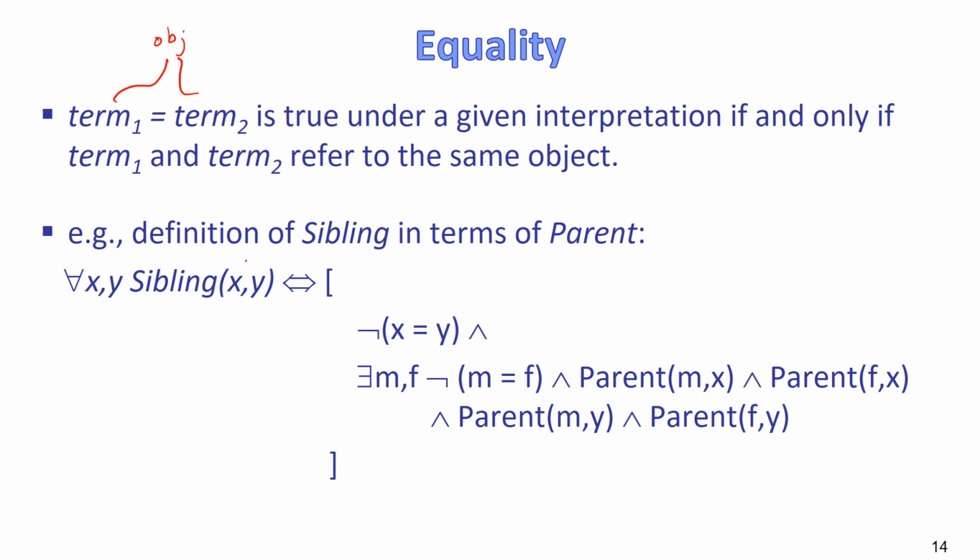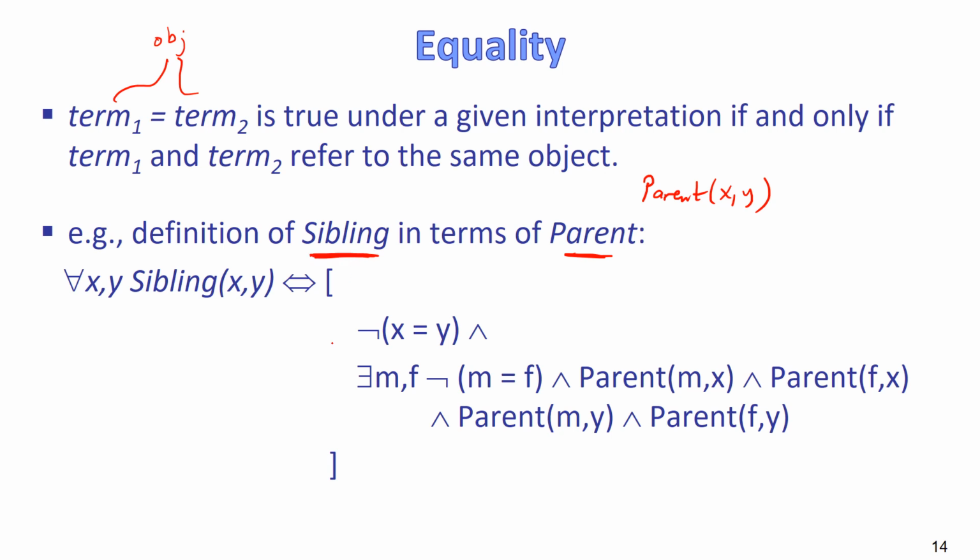If I want to define the predicate sibling in terms of parents, let's assume that we have the predicate parent, so Parent(X, Y) means that X is a parent of Y. Now we want to define the relationship sibling.